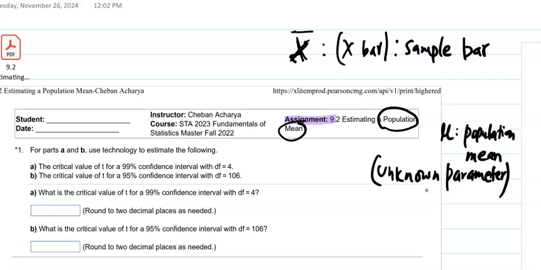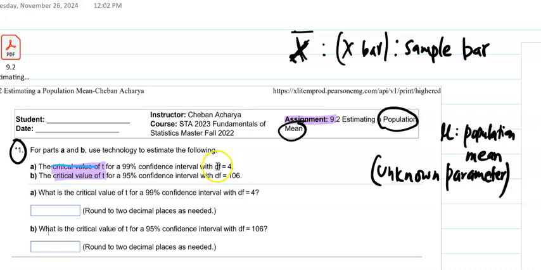Okay, first question is question number 1. Use technology to estimate the following. Part A and B. In these two questions, part A and B, you have to find the critical value of t for different confidence levels. 99% confidence level with DF.